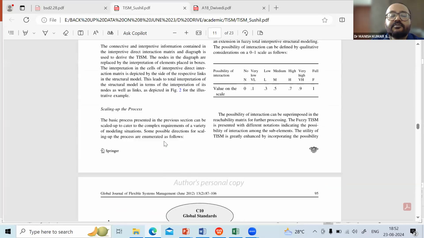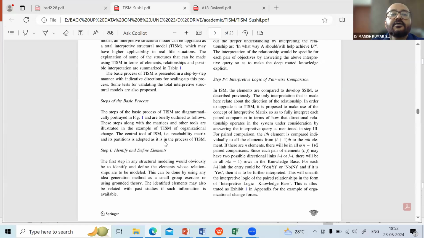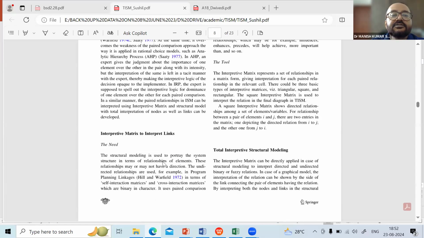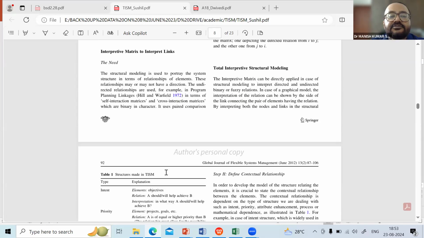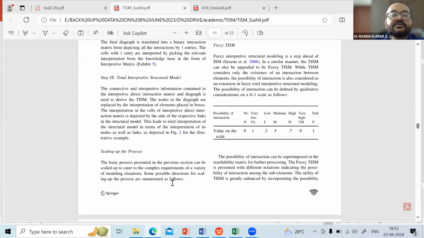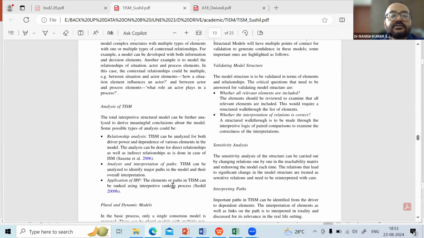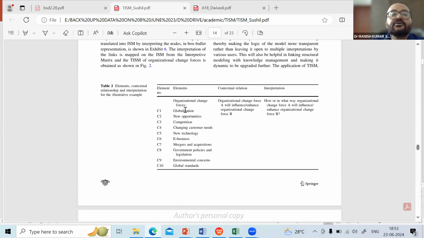So this paper, for example, you see this paper is telling about organizational change. There are some factors they come up with. So what are the factors? What is the supporting factor for organizational change?